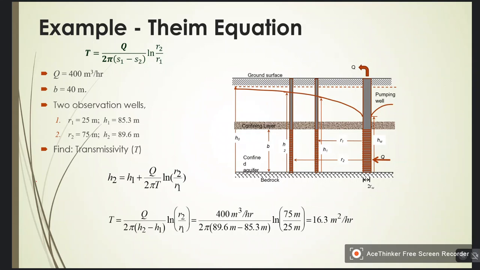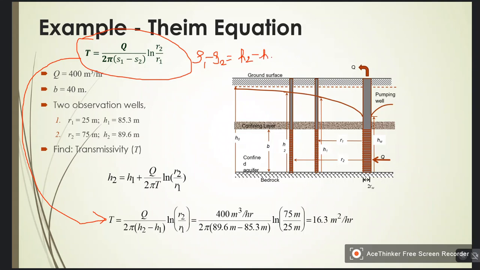So from this, I will automatically get this, because S1 minus S2 is simply H2 minus H1.